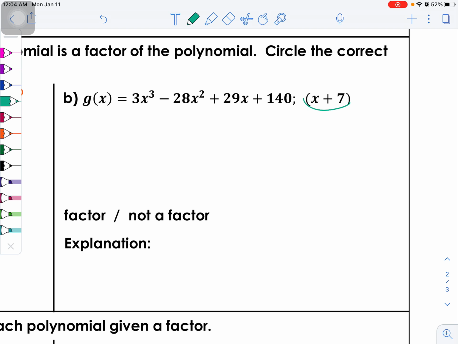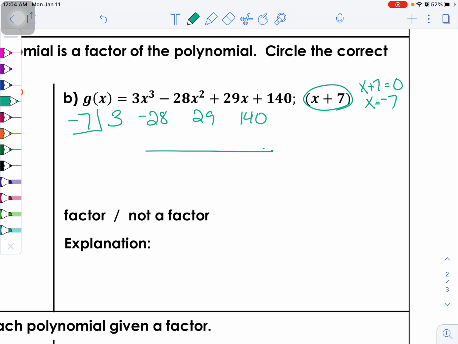All right, part B, same idea. We've got x plus 7 here. So x plus 7 is equal to 0, which means I want to work with negative 7 in the division. Coefficients: 3, negative 28, 29, and 140. So 3, 2, 1, none.